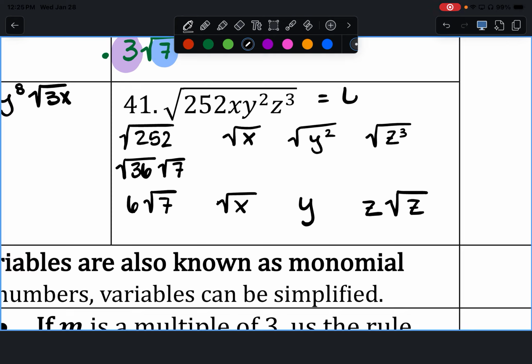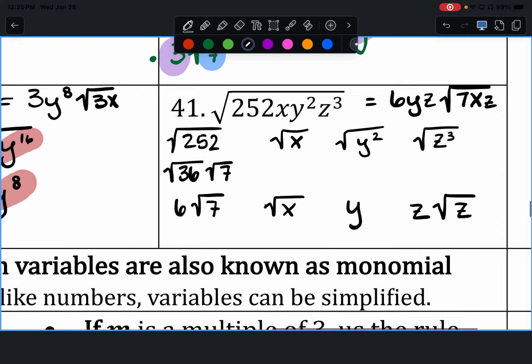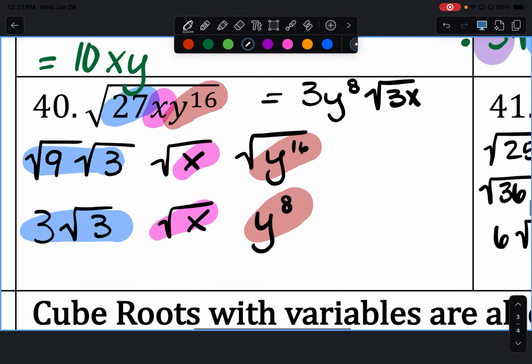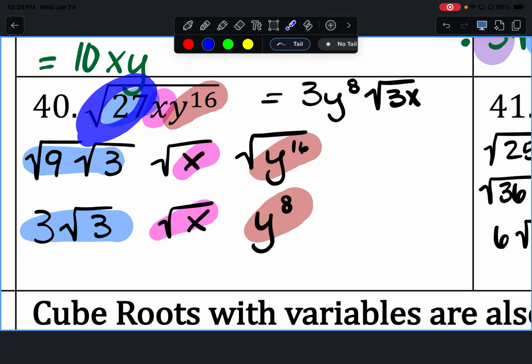All right, so for question 40, what is the answer? What was that? 3y to the what? Oh. And then the square root of? Okay, because we break apart the square root of 27, we get 3 root 3.